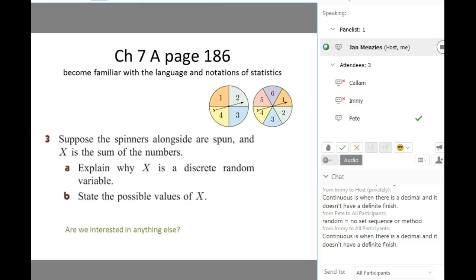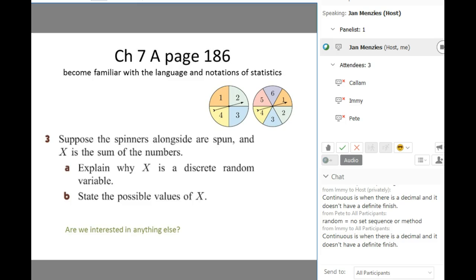All right. So have a look at this problem. Just highlight it so that I know what you're reading. Yes, the variable x that we're looking for is the sum of the numbers.